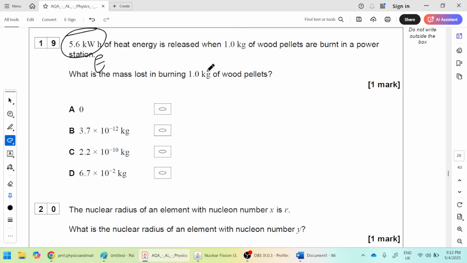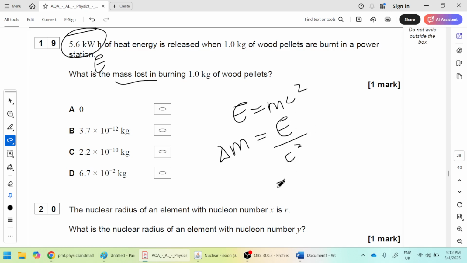Energy, c square. So energy and mass lost, when they say that, my brain immediately thinks of E equals mc square. Delta m is equal to the energy divided by c square, converting 5.6 kilowatt hours, kilowatt is 10 to the power 3, 1 hour is 3600.